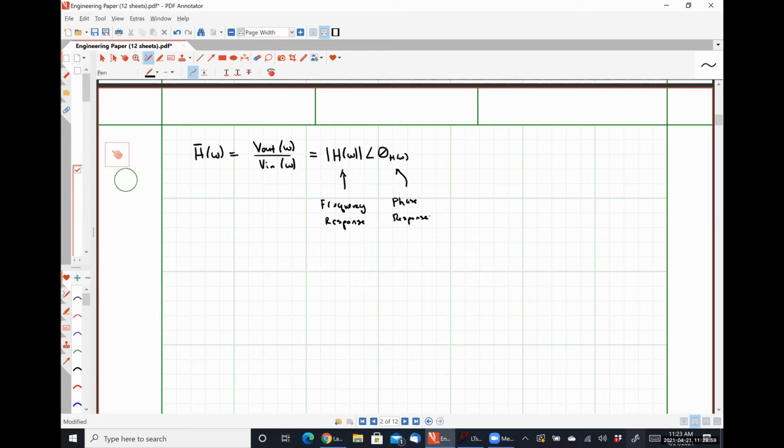Let's look at our simple low pass filter, okay? We are going to apply some voltage V in as a function of frequency. I'm going to denote that these guys are phasors.